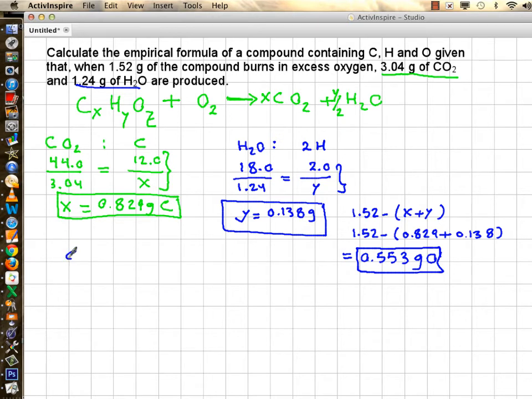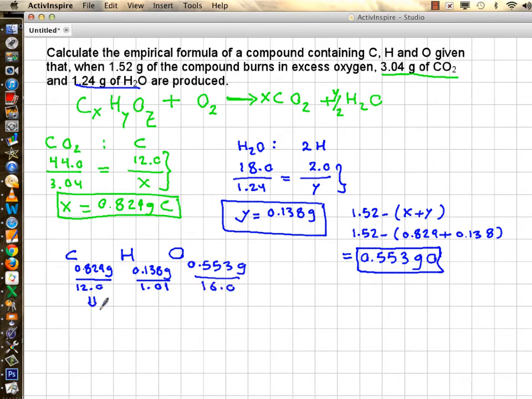Now I have carbon, hydrogen, oxygen. I have 0.829 grams of carbon, I have 0.138 grams of hydrogen, and 0.553 grams of oxygen. We have to convert them to moles, so we divide by their atomic masses: 12, hydrogen is 1, oxygen is 16.